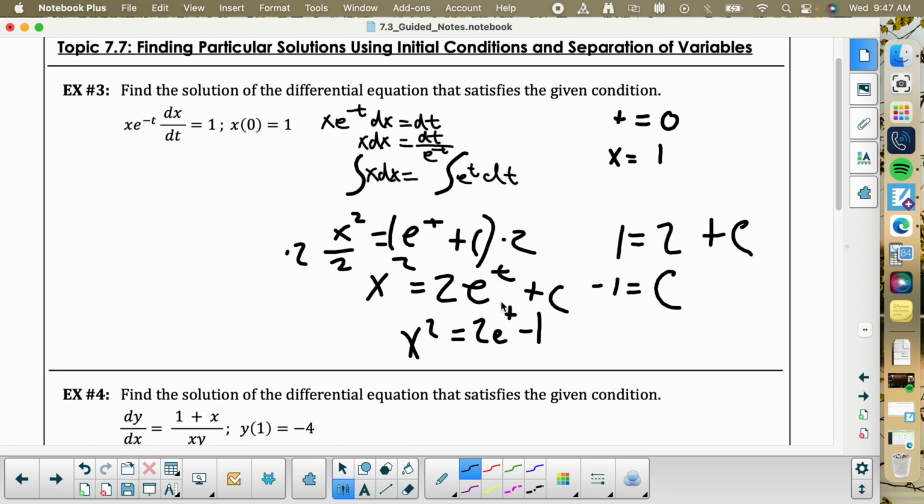You put the 2 on C. I had e to the t plus c times 2, all that together, so I divided by 2 first. And it gave me a half. So I'm like, what is going on? So your c would be negative a half, probably, right? Yeah, so your c would be negative a half, but when you multiply that 2 out, it would be equivalent to this. If you have parentheses e to the t minus a half, parentheses times 2, same thing.